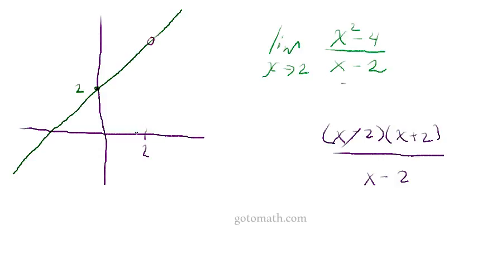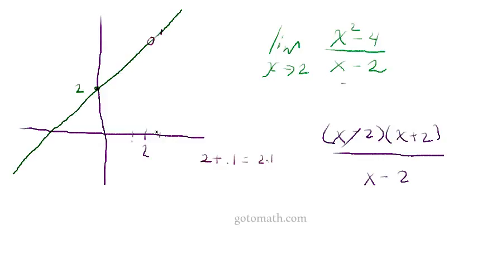What we're going to do is take a number to the left of 2 and a number to the right of 2, picking something really close to 2. For example, let's look at the number to the right of 2. If we said 2 plus 0.1, which is 2.1, and plugged it in up here, let's say it's somewhere here on the graph.